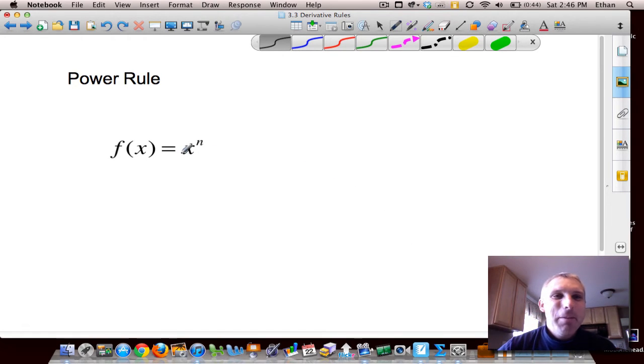Thanks. The power rule. This one we've got a variable x as our base raised to some power, and in this case I'm just going to go with a generic n. I'll do some examples in a minute. If you want to see the proof, I'm going to make another screencast today, and I encourage you to check it out so you can see how and why this rule is what it is.